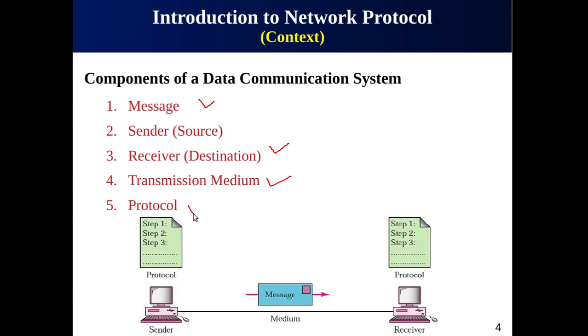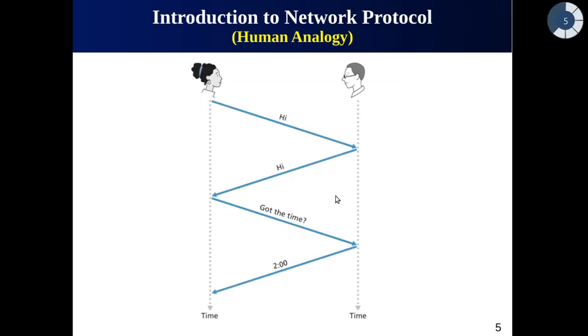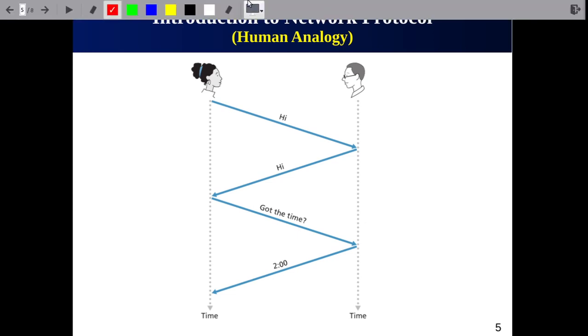The final component is protocol, which is actually the focus of this lecture. So what is actually a protocol? To understand the concept of the protocol, let's start with a human analogy. We human beings execute protocols all of the time. For example, what you do when you want to ask someone for the time of the day.